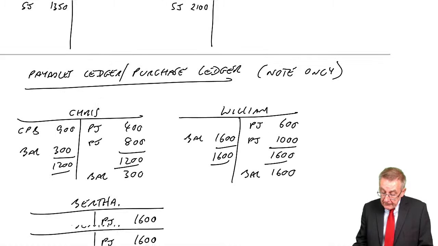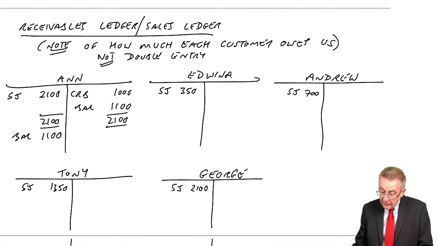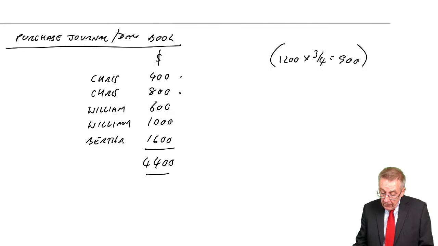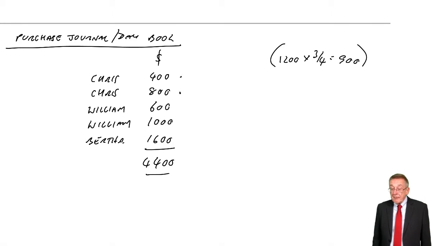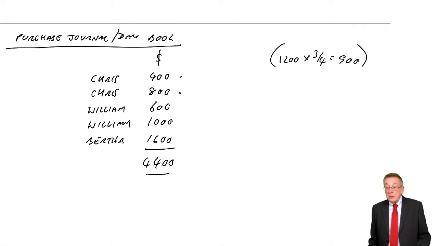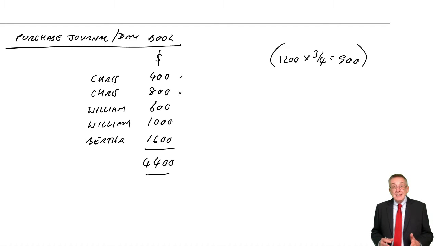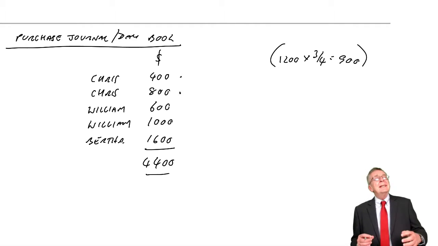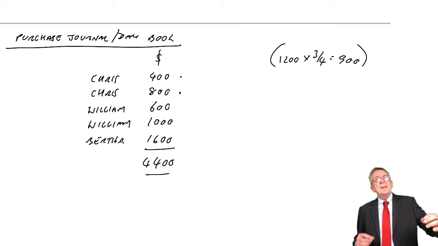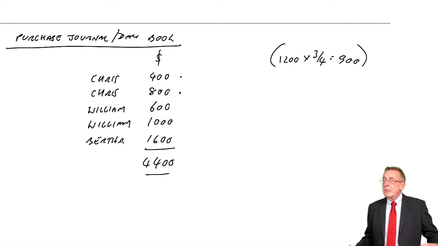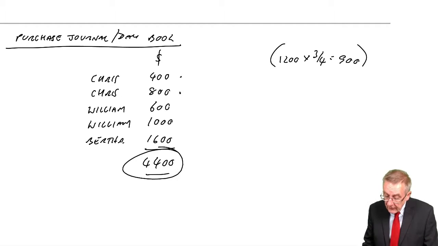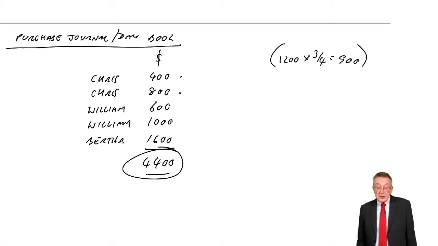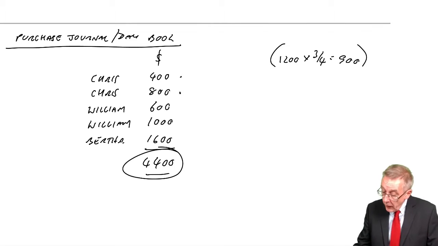What about the next book of prime entry, the purchase journal or purchase day book? Well, these, remember, are all purchases on credit. And when we buy on credit, the double entry is debit purchases, credit payables. But again, instead of doing each one separately, we'll do them all in total. In total, 4,400.